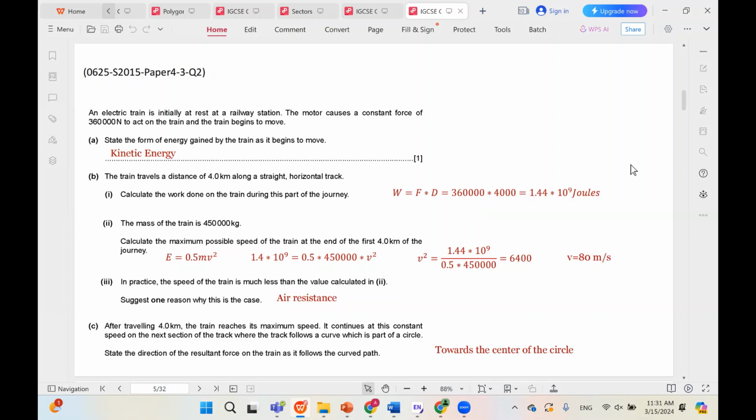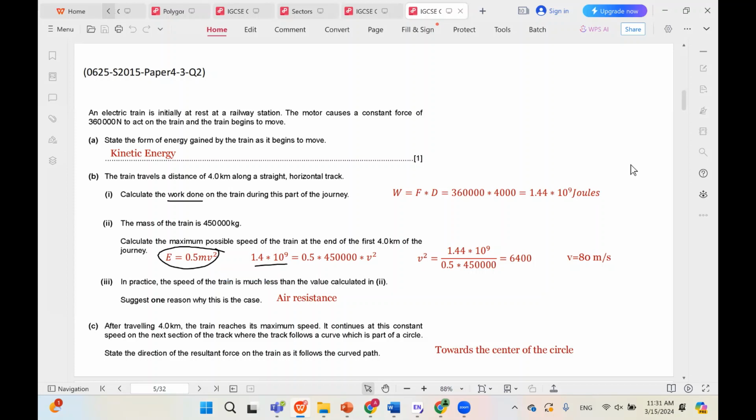The mass of the train is 450,000 kilograms. Calculate the maximum possible speed of the train at the end of the first 4 kilometers of the journey. So the idea here is to understand that the work done on the train is converted into kinetic energy. So therefore, we equate the work done, which is 1.44 times 10 to the power of 9, to the kinetic energy gained, which is half mv squared.